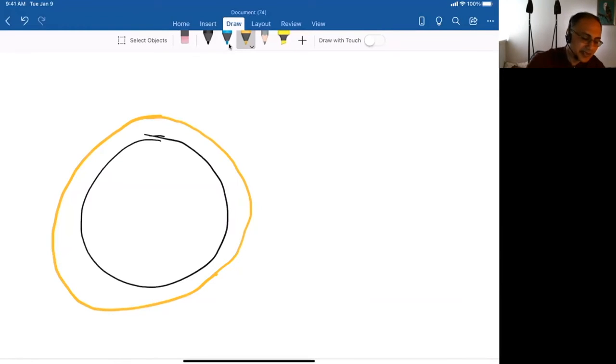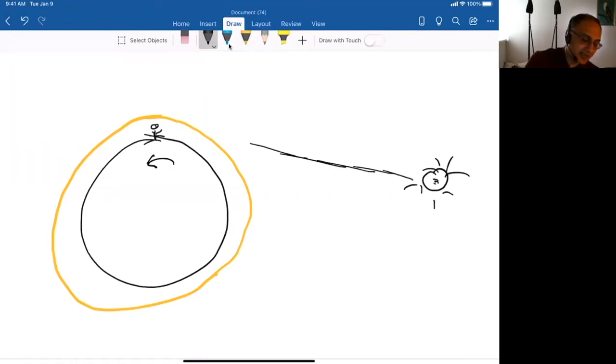So suppose you are standing over here, and it's sunset. That means the sun is about to sink below the horizon. This is the sun, and the Earth is rotating this way. So you're watching sunset, right? Now, as a result of refraction in the Earth's atmosphere, the rays of light will bend as they pass through the atmosphere.